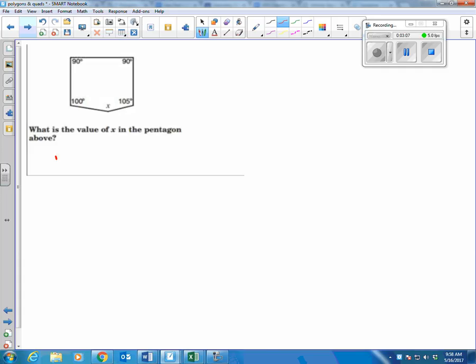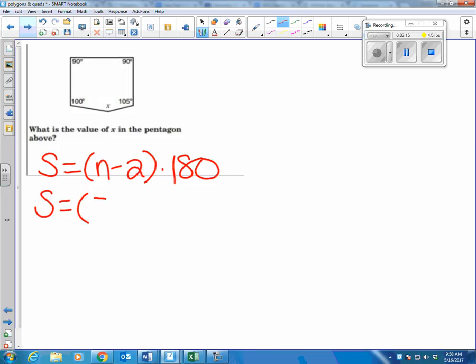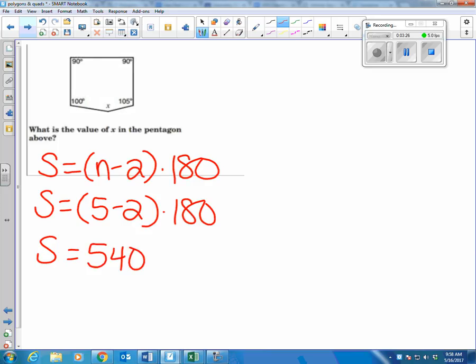Remember, it's equal to the number of sides minus 2 times 180. So this has 5 sides, so S is equal to 5 minus 2 times 180. 5 minus 2 is 3, and 3 times 180 is 540. So all the angles inside the polygon should add up to 540.